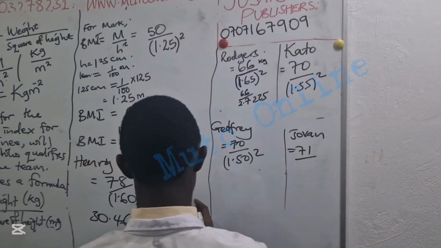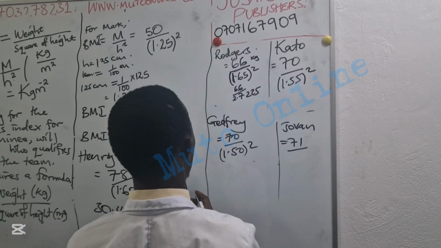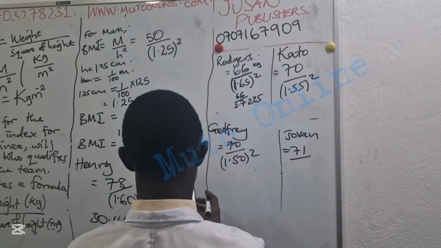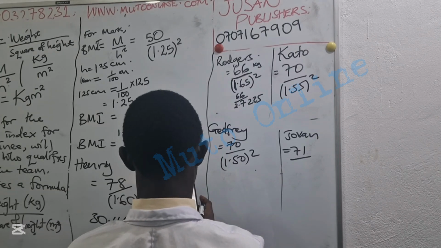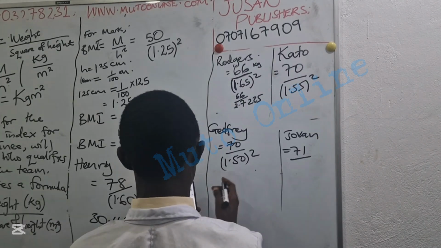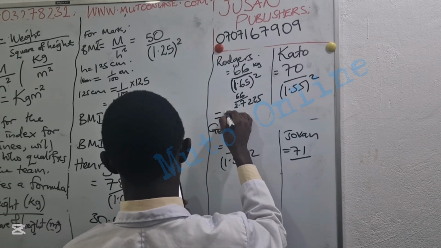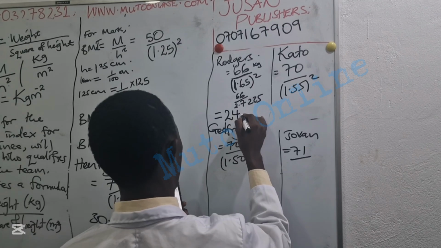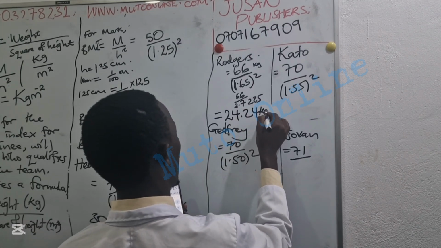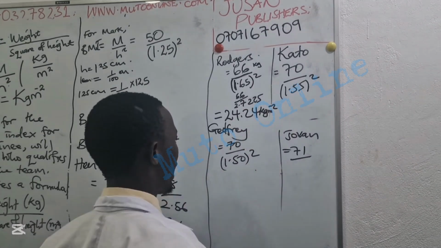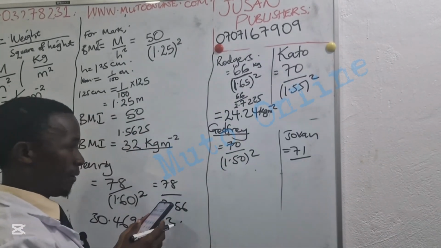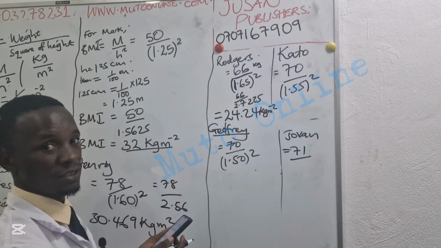Don't round off yet until you're on the final answer. 66 divided by 2.7225. The answer is this person has a BMI of 24.24 kilograms per meter squared. Don't forget the units.